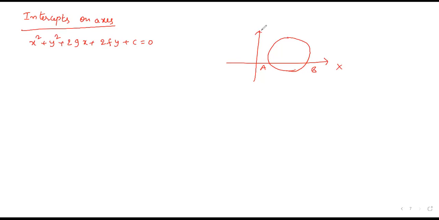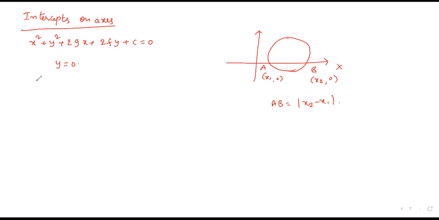Similarly, on the y-axis, you can find it. So suppose the points are (x1, 0) and (x2, 0), as the y coordinate is 0. So the length of the intercept is nothing but AB. AB is nothing but mod x2 minus x1. So to find the length of the intercept made by the circle on the x-axis, you have to take y equals 0.